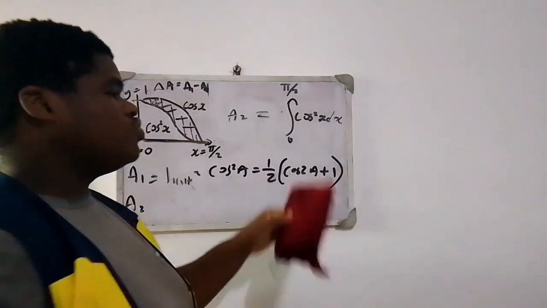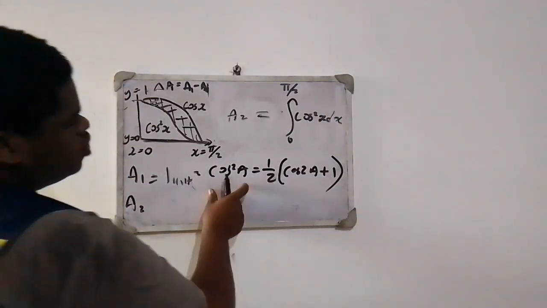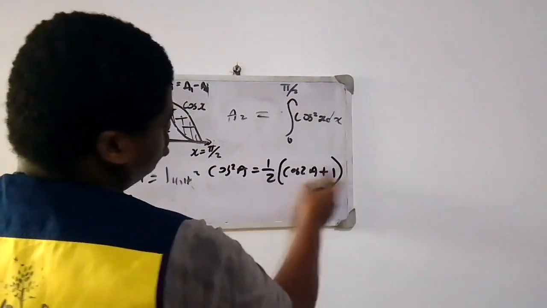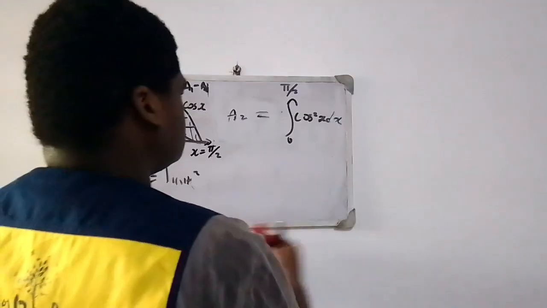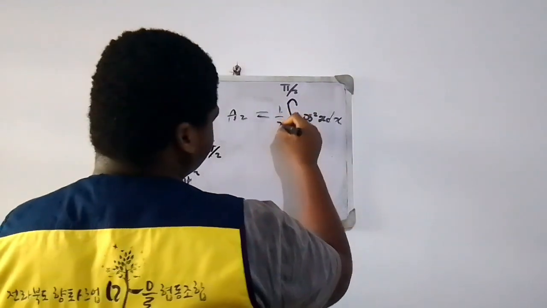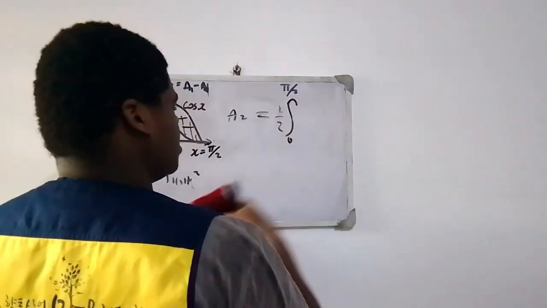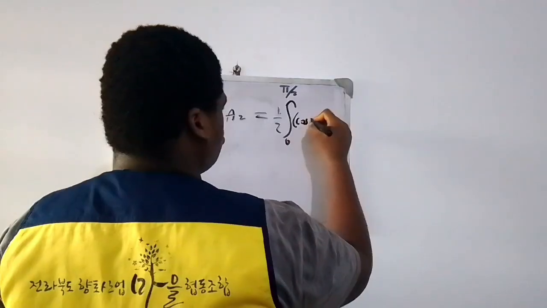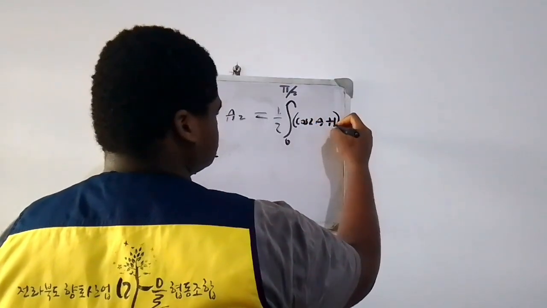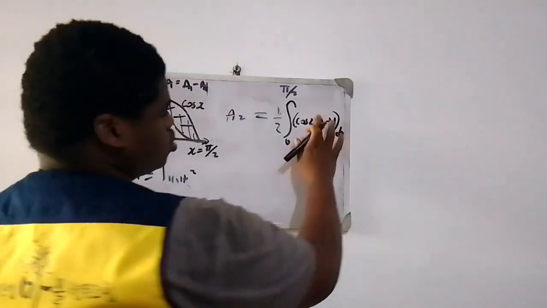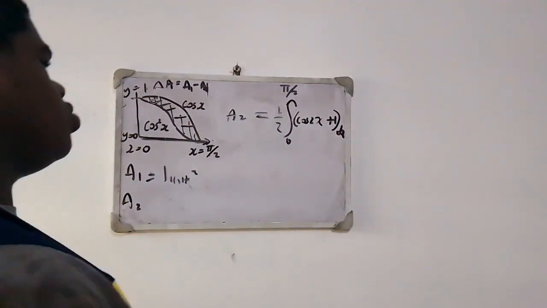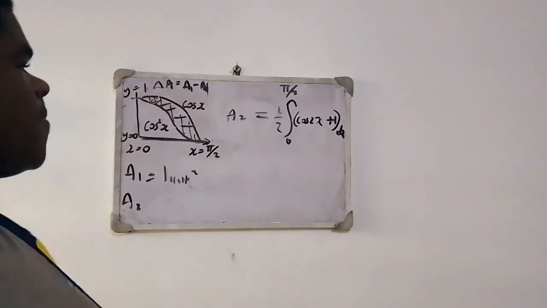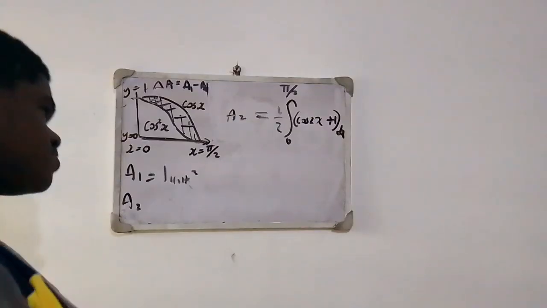So this is the next thing we're going to use to solve this integral. We have cos square A is equal to half times cos 2A plus 1. If you put this into the integral, then now we have half, instead of cos square x, we have cos 2x plus 1 with respect to x.